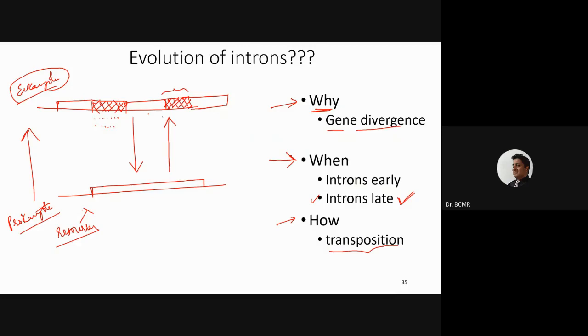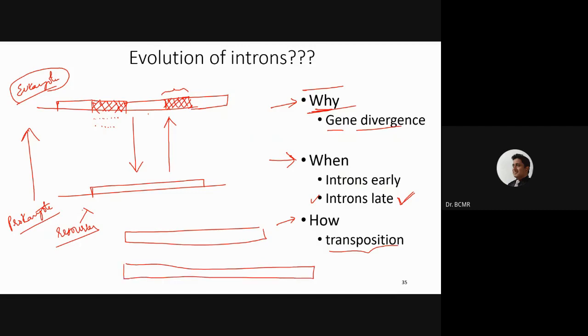Anyway, is there a use of these introns? I don't really know, but I will give an argument something like this. If there is a gene, and then there is another gene, and it has to recombine.